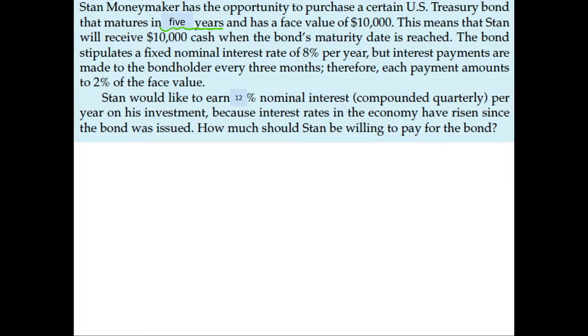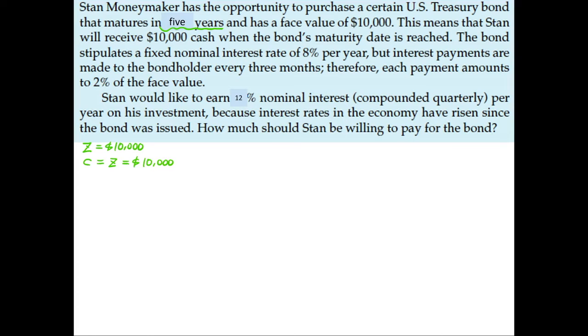And the face value of the bond is 10,000, so you can write it here. The Z is 10,000. This means that Stan will receive 10,000 cash when the bond's maturity date is reached, which means the redemption is the same as the Z. So C is the same as the Z, 10,000.